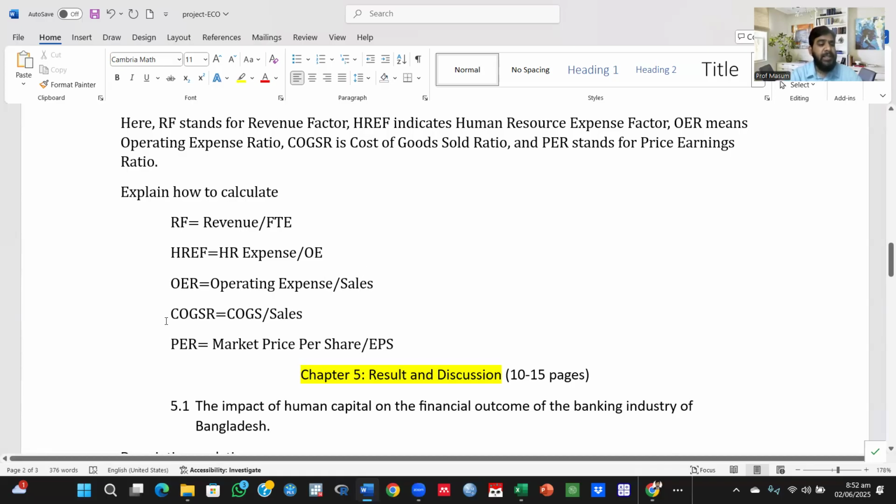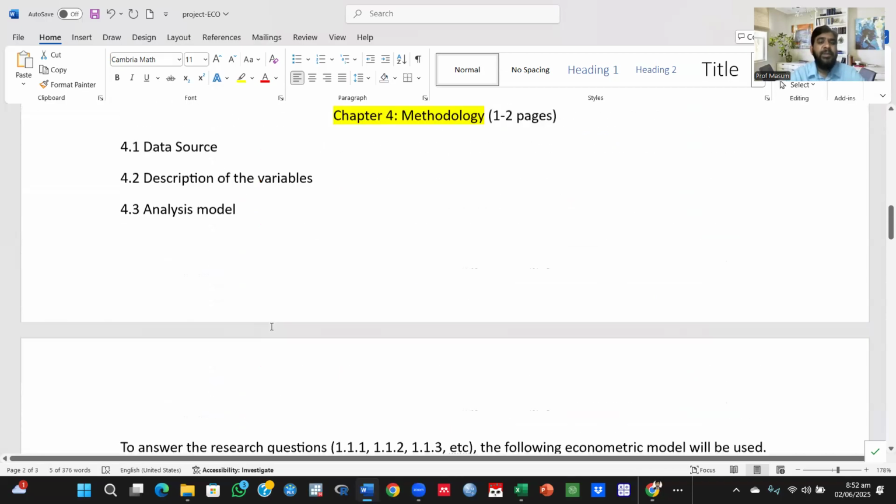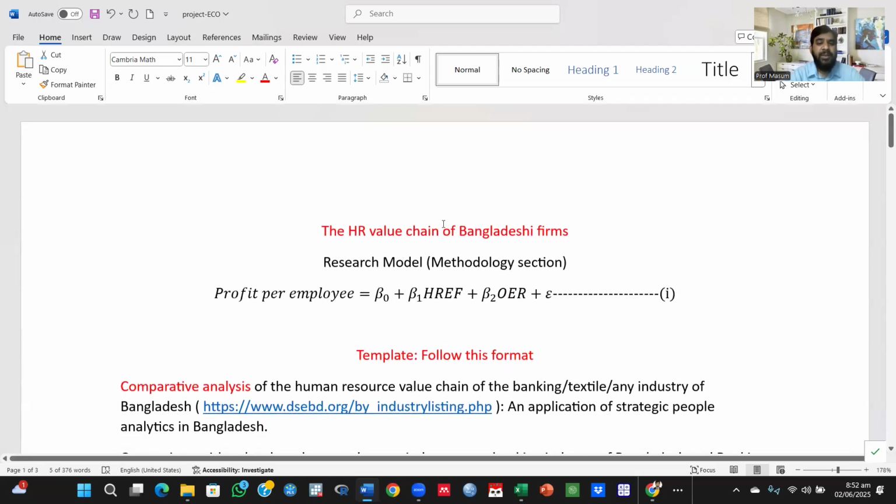Sales. And you can also give one more equation. It is market price per share. To know the HR value chain. HR value chain means your company's employee performance, your company's HR activities will affect the company's profit.